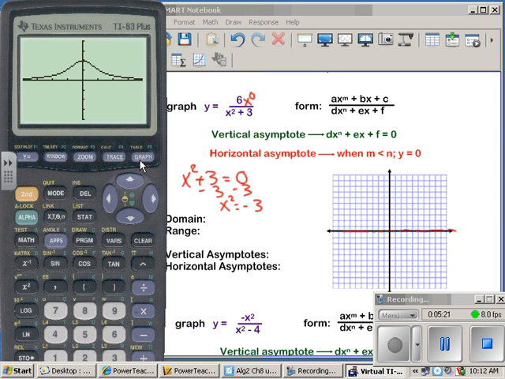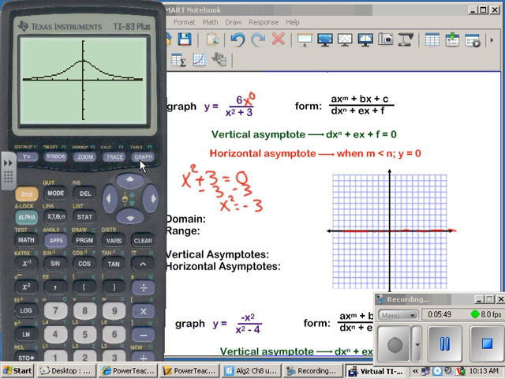Does it have 0 as an asymptote? Yeah, right here. Both ends are getting close to 0 but never crossing, but it doesn't have a vertical asymptote. So instead of being a hyperbola, it's this little bumpy curve.